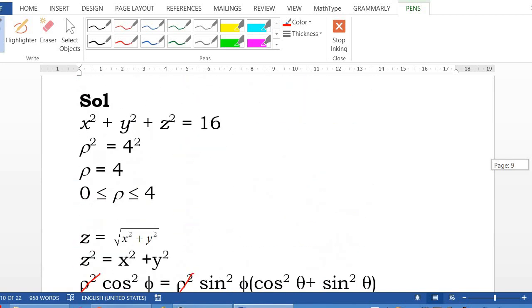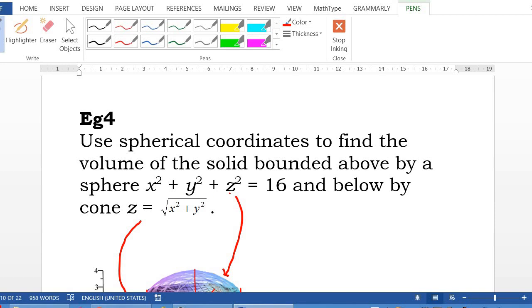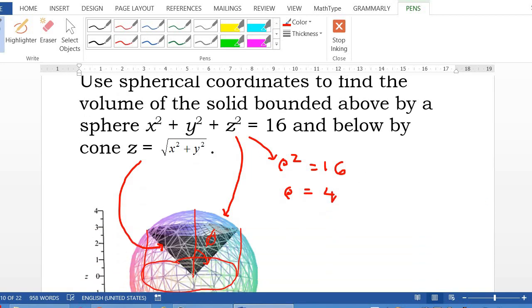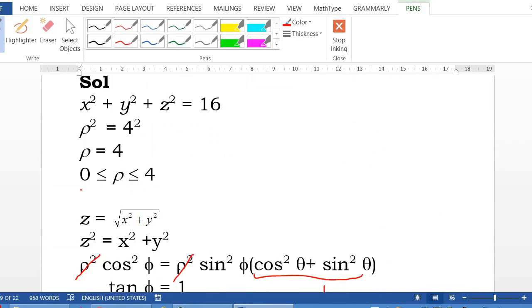To get the limit of rho, solve your sphere equation: x squared plus y squared plus z squared gives rho squared equal to 16, so rho is actually 4. Rho goes from 0 to the radius of your sphere, which is 4. That's why rho is 0 to 4.